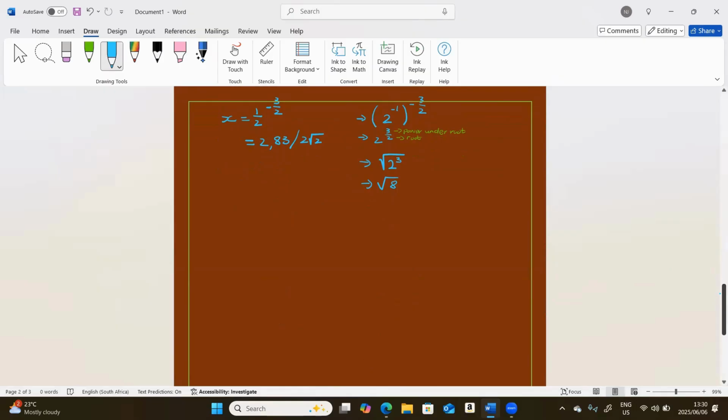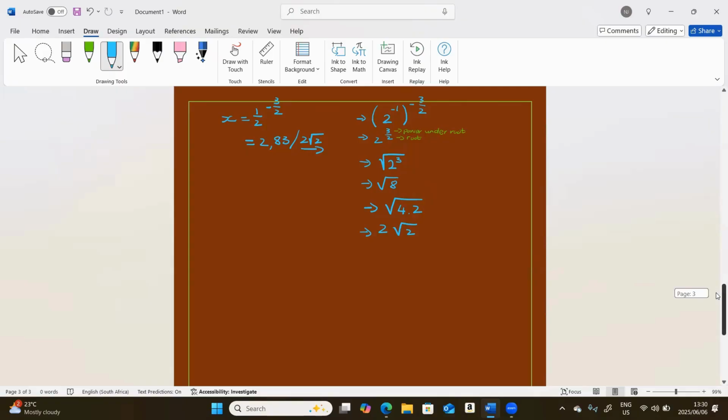And now we are moving over to surd laws, which says that we can rewrite this as 4 times 2, and then we know that the square root of 4 is 2, and then the 2 remains, and that is how you get 2 square root 2. Okay, so this is just for enrichment purposes, basically, for revision of your laws of exponents and some of your surd laws as well.